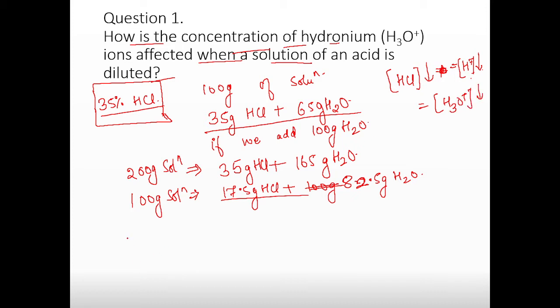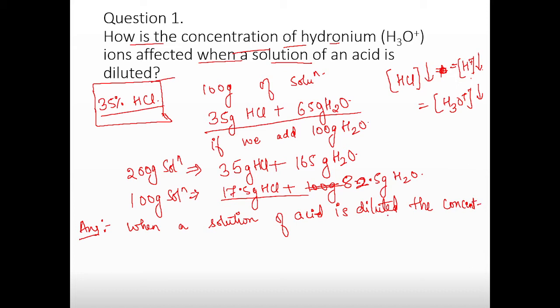Okay, so in this question, you can write the answer as: when a solution of acid is diluted, the concentration of hydronium ion, that is H3O plus, is decreased.